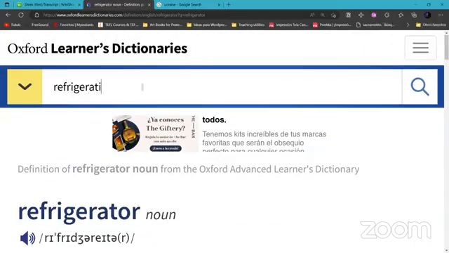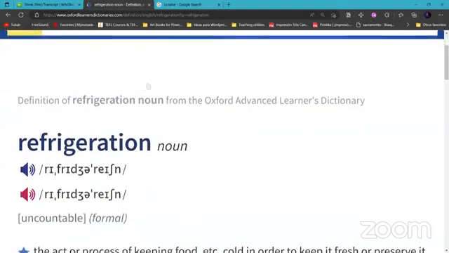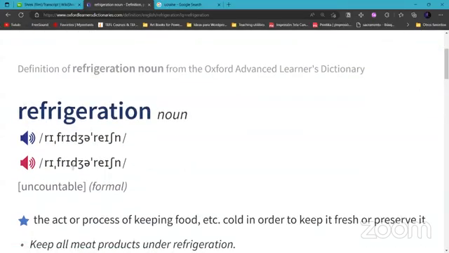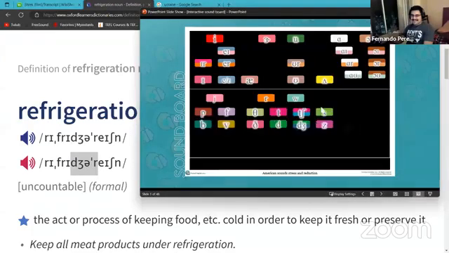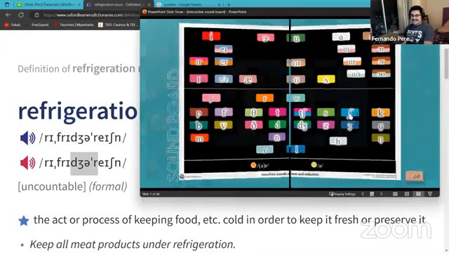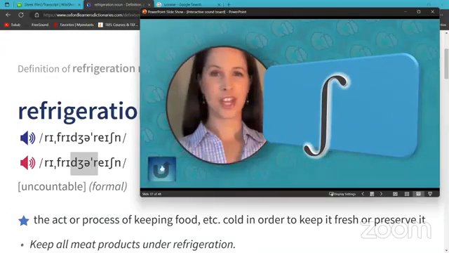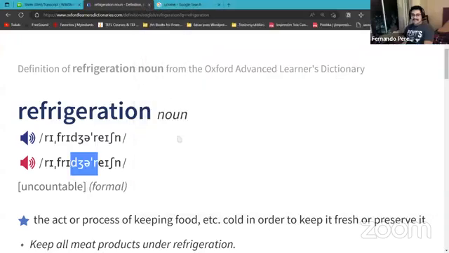Refrigerator. Refrigeration. No. Refrigerating. No. How do you pronounce this? So the final part is shun.